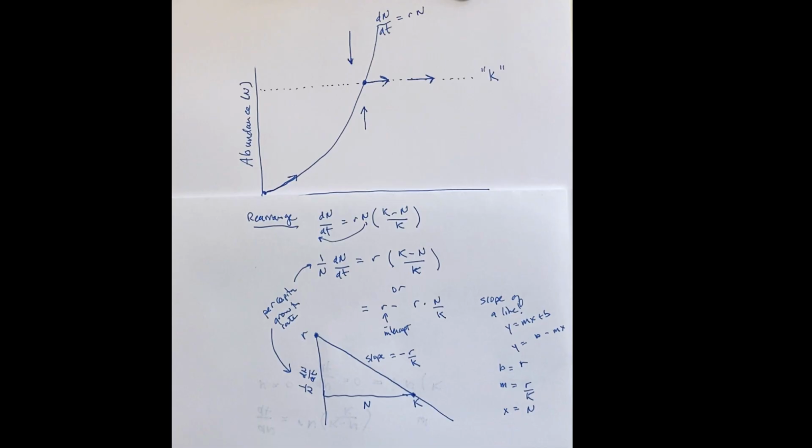It does so when the population hits K. That's exactly how we've designed this equation: when it gets to K, the population is no longer growing. If the population N is below K, it grows until it hits K, and then it stops growing because our per capita growth rate has now been modified to be 0.